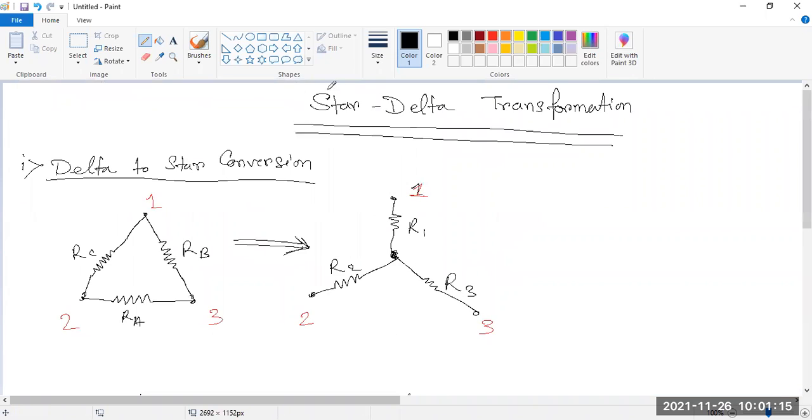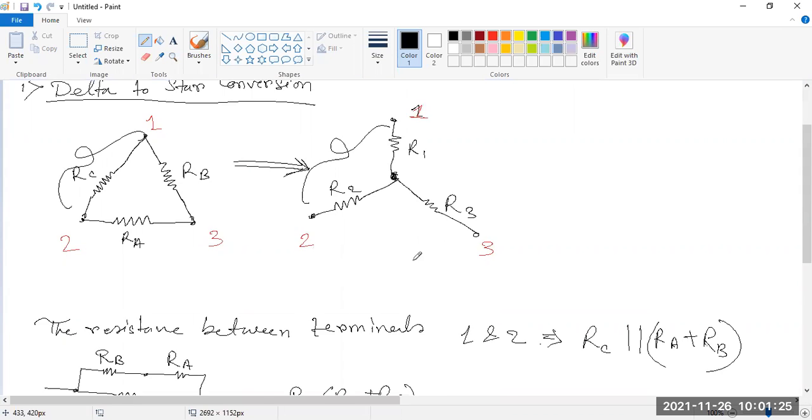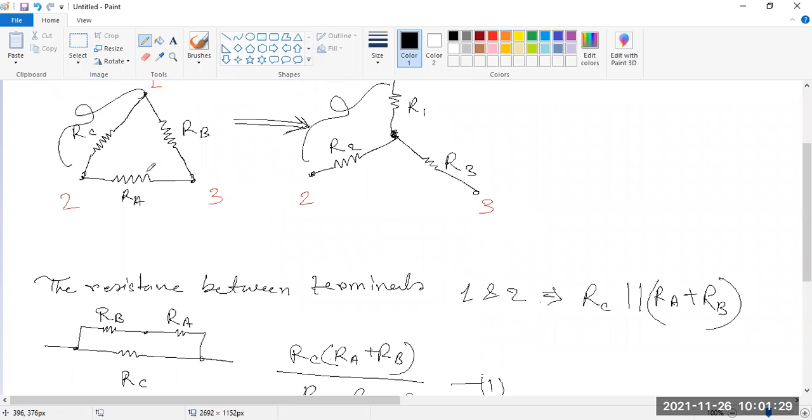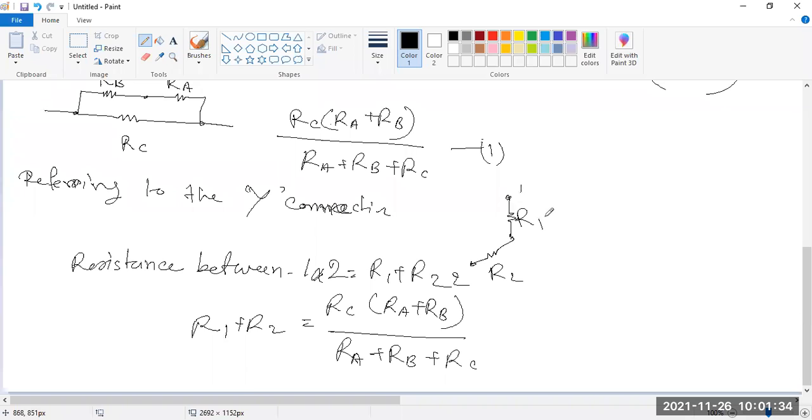Okay, look here, the equivalent resistance between 1 and 2, here also the equivalent resistance, because we have to convert these things to these things. That's why we are equating. So the resistance of this portion between 1 and 2, this is star 1, and it is derived over here.